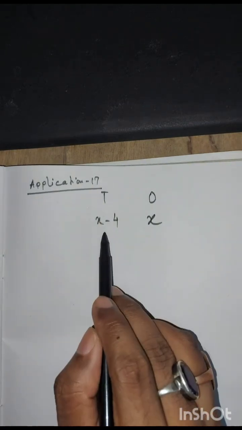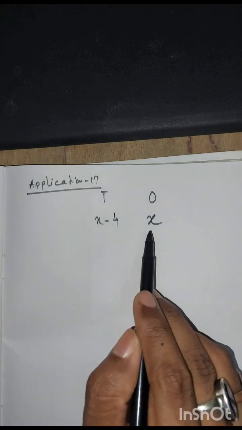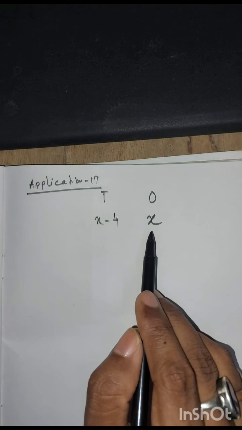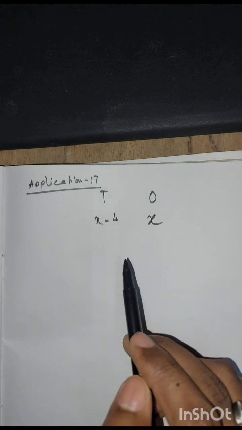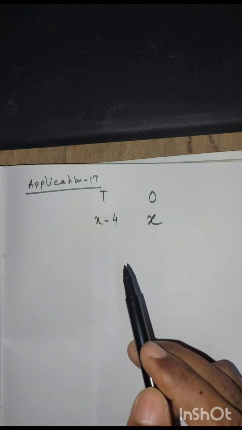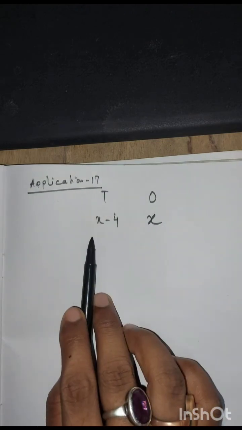This should be 4 less than the digit in units place. So the number looks like this.